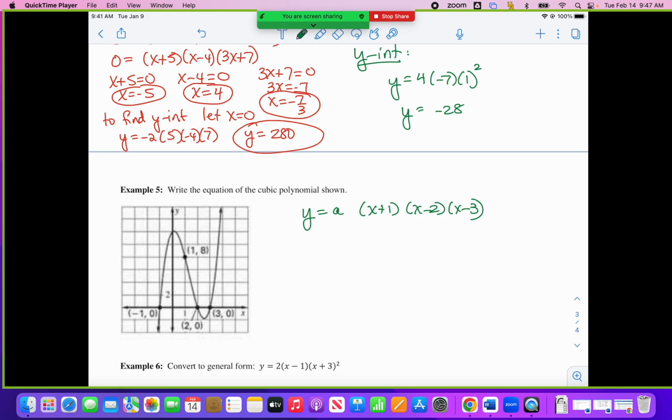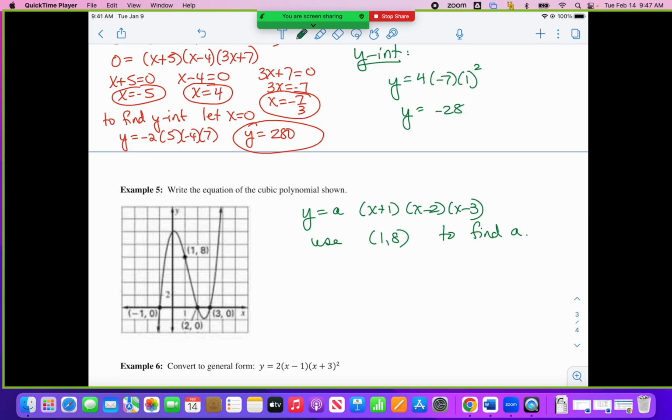This time, do you see that there's no clear dot where the y-intercept is, but they gave us another clear point. So you're going to use 1, 8 to find A. Don't assume the y-intercept. Do you see, if this is 2, 4, 6, 8, 10, that's not clearly at the 12. It looks like it's a teeny tiny bit below that.